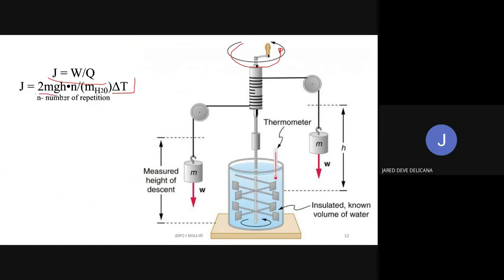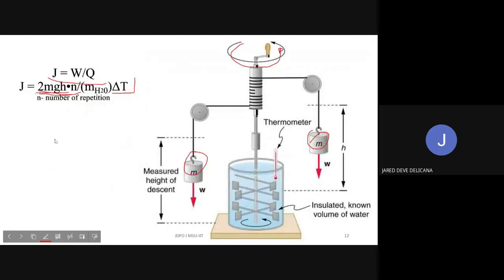So we have to multiply it by the number of repetitions. And you might ask where this two came from. This is from the two masses that are being used in this experiment. So the potential energy would double, and of course be multiplied by the number of repetitions that sourced our potential energy in this experiment.